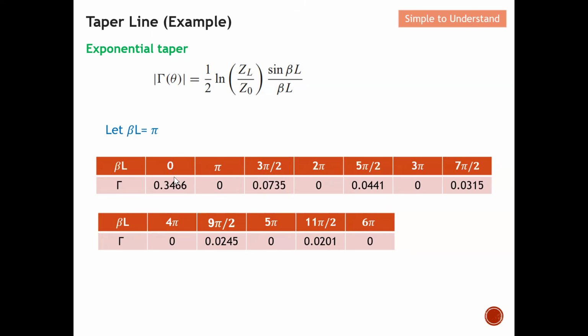Again, if you put all these numbers inside, you should be able to get this. Once you get this, you can draw the graph. Like I mentioned earlier on, the graph I will show you on the last page. So basically, from here, you can see that I have successfully designed, firstly, the linear taper line, followed by the triangular taper line, and I have also finished discussing how to design the exponential taper line.